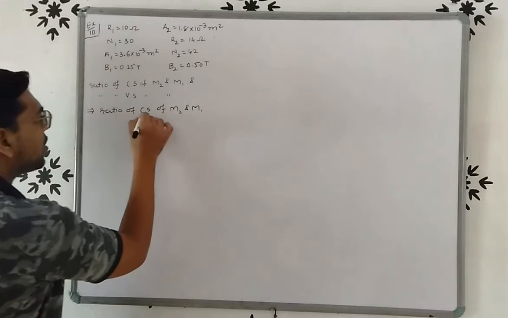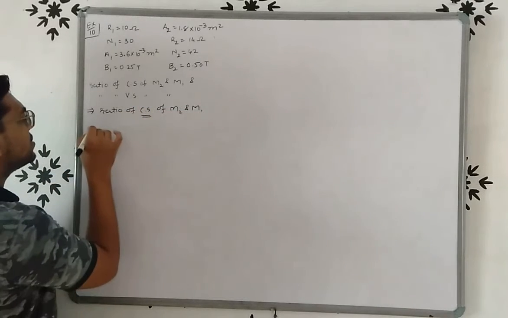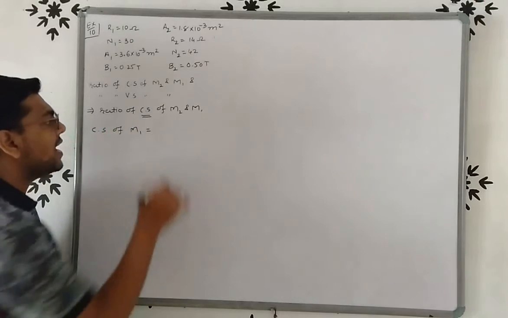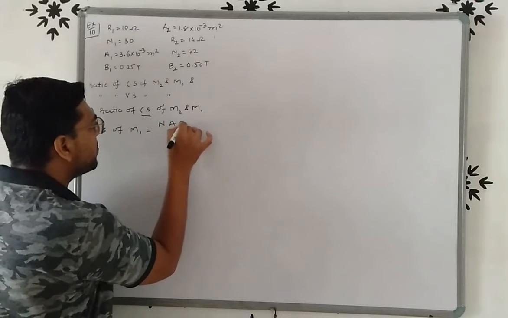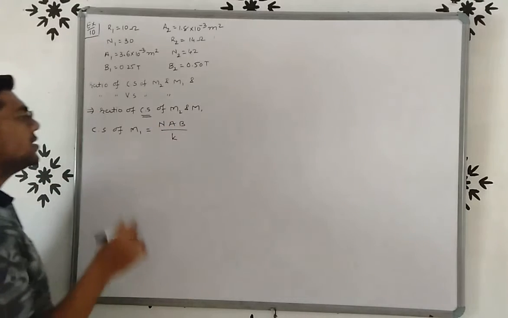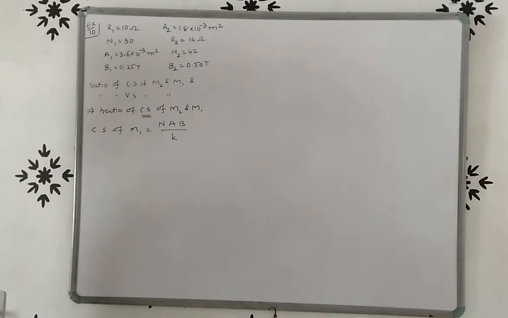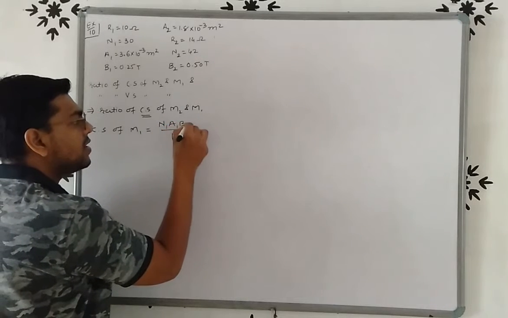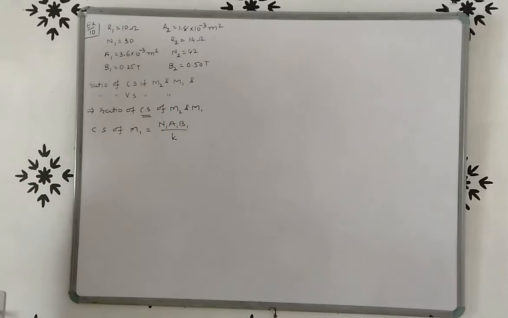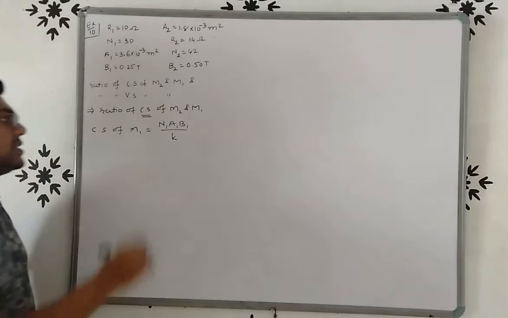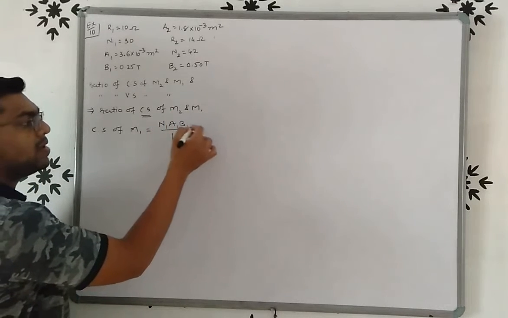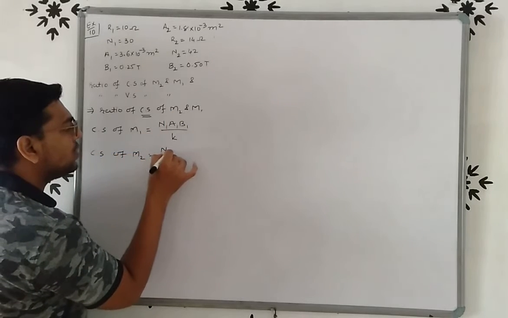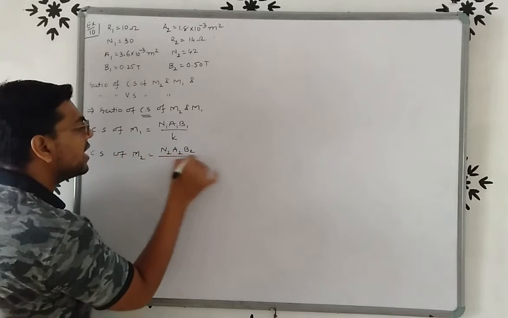We already know the formula of current sensitivity, NAB by K. So for M1, we write N1, A1, B1 by K, K being constant, and the current sensitivity of M2 is N2, A2, B2 by K.